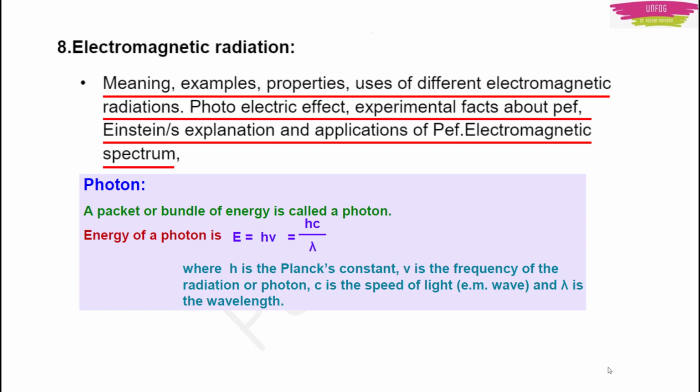That is very important. And nu is the frequency of radiation or the frequency of the photon, and this frequency is inversely proportional to the wavelength of the photon. If I remove this proportionality symbol, then I can include this constant, the speed of light c, which is equal to 3 into 10 raised to 8 meters per second. So I hope you got it. Just remember E is equal to h nu, and this in turn is equal to hc upon lambda.